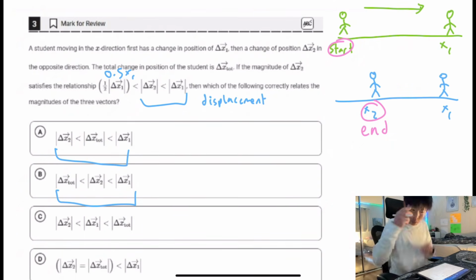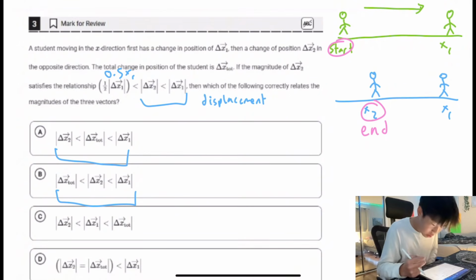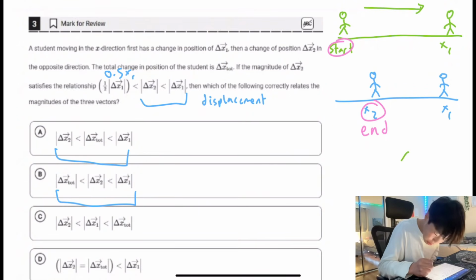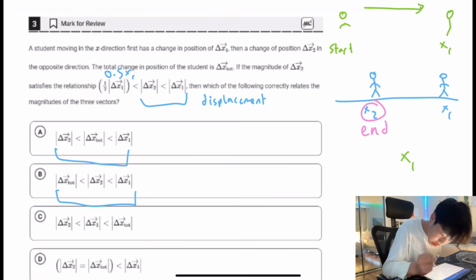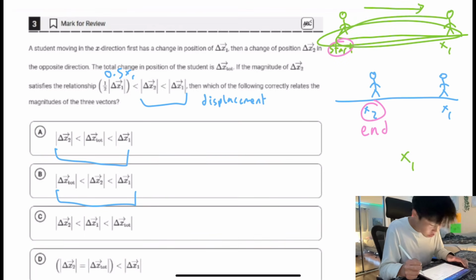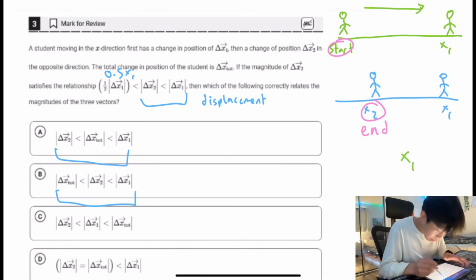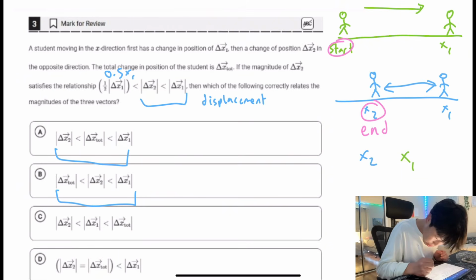So just using our basic eye skills, we can see that x1 is by far the biggest. It has this much space walked, right? And then x2 is a tiny bit smaller. It's from here to here. So x1 is bigger than x2.